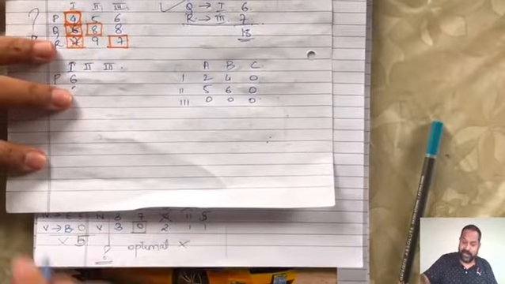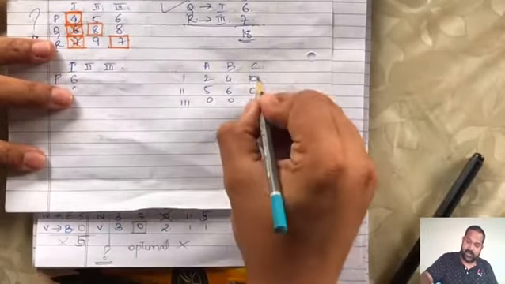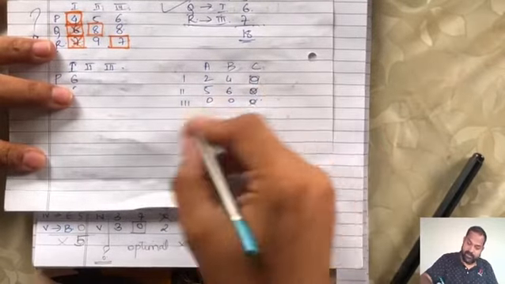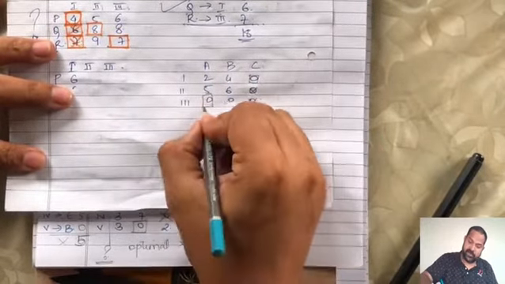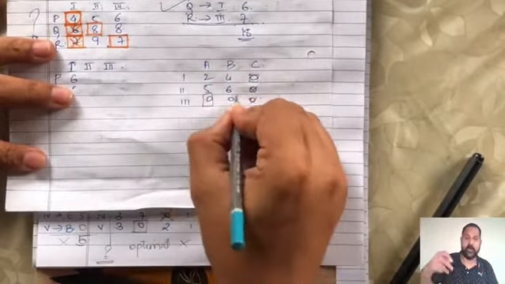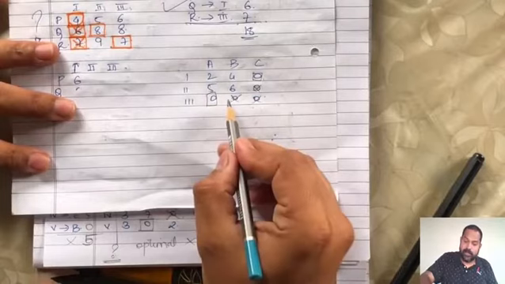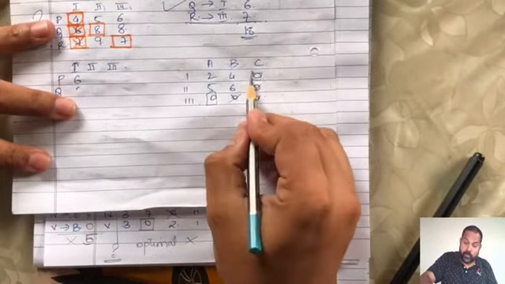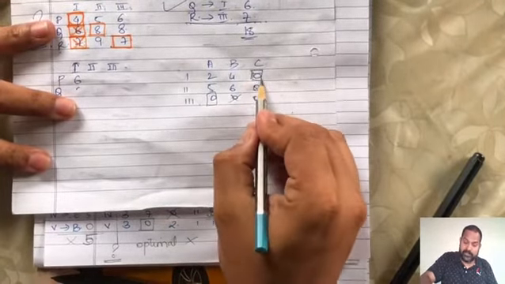Let's say when I started assigning, this got assigned, so all this got cancelled. Then when I'm going column wise, this got assigned, all this got cancelled. Do you notice that I should have had 3 assignments because I have 3 rows and 3 columns, but I only got 2 assignments? Which means I didn't get the best assignment.